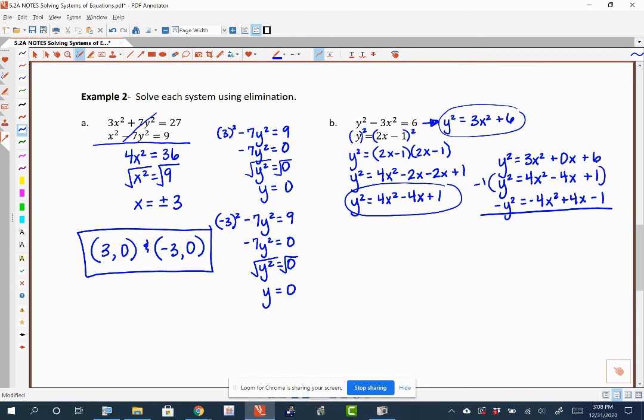So now when I go to eliminate, there goes my y squareds. So now I just have 0 y's, but I have a 3x squared minus a 4x squared. So negative x squared, a 0x and a 4x. So that's a positive 4x, and 6 plus a negative 1.